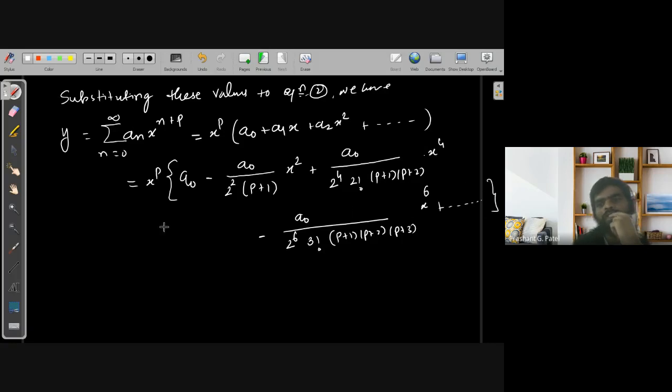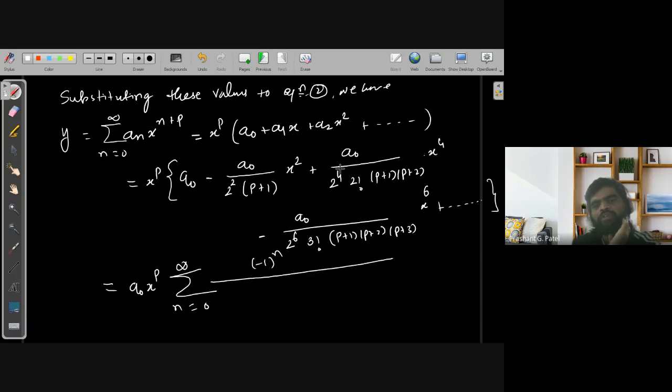So this is the expression we have for y. And if you can write this in the summation notation, then this a0 I take common now. X raised to p is already common. Summation n running from 0 to infinity. Then we will have minus 1 raised to n because it is of alternating sign.